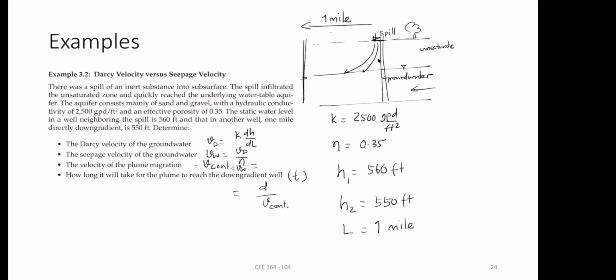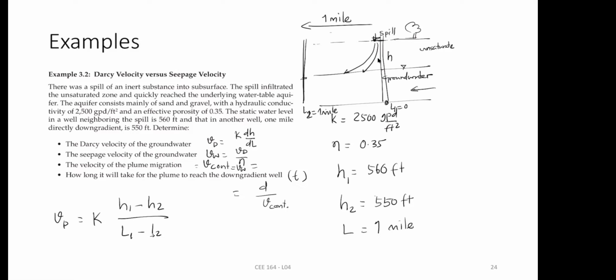I'll tell you where most of the students, at least some students, make mistakes when they calculate dH over dl. So let's start with Darcy's velocity, which is K times dH over dl. That means H1 minus H2, over L1 minus L2. You have to think of which direction the distance increases. Here L1 is 0, and along the groundwater direction L2 is 1 mile.